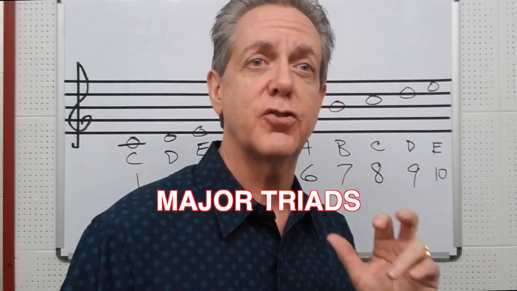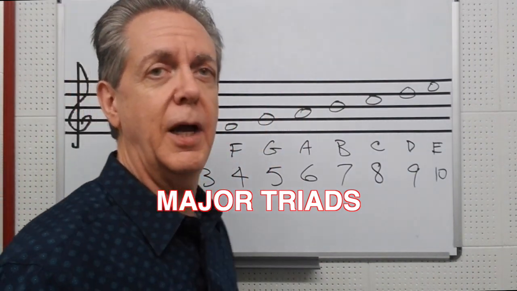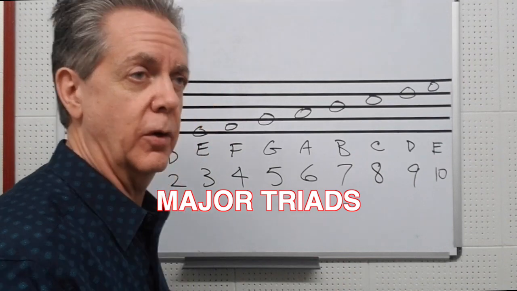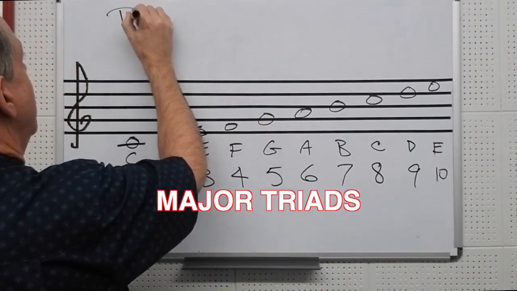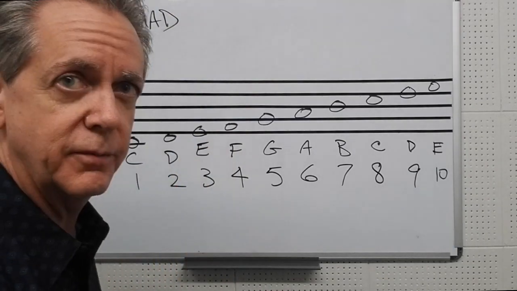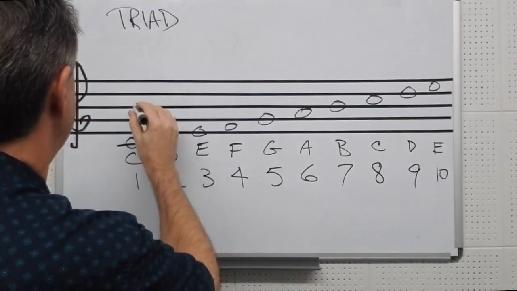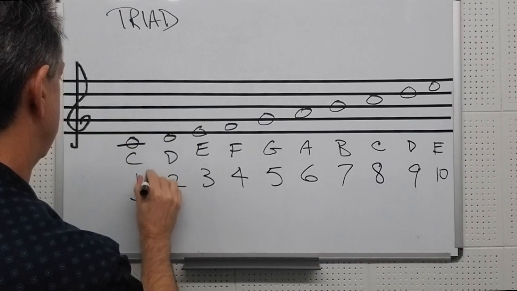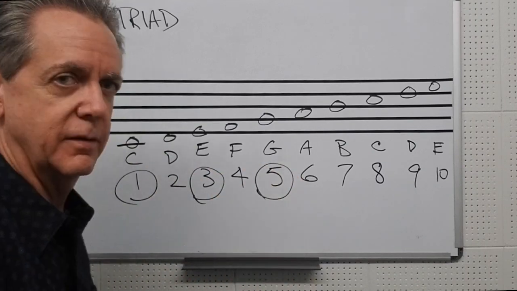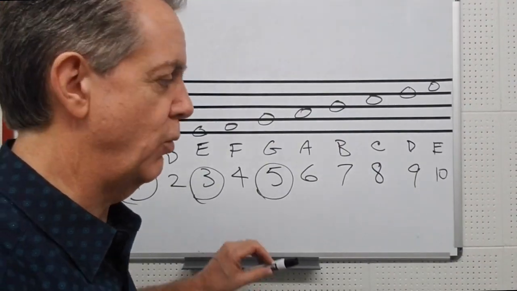The word triad describes a 3-note chord, any 3-note chord. Okay, so triad, 3-note chord. And here's the standard 3-note chords. 1, 3, 5. Maybe you've heard of that. 1, 3, 5.